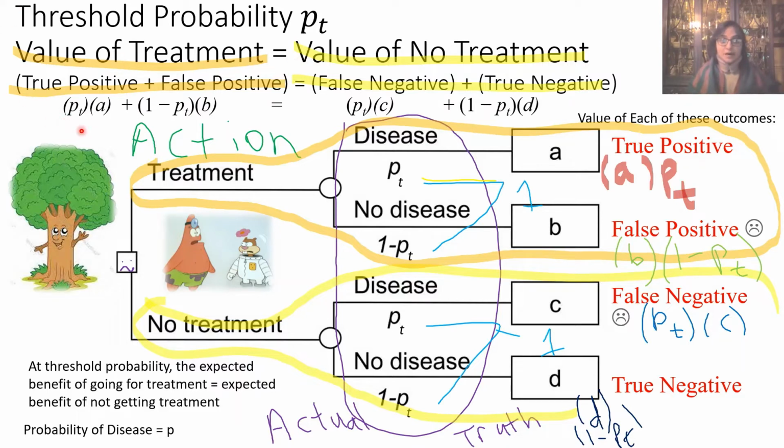So the true positive, the benefit, plus the con of the false positive is the same as not going for treatment, the false negative plus the true negative. At the threshold, the expected benefit of going for treatment is the same as the expected benefit of not getting the treatment. So you're not sure what to do.